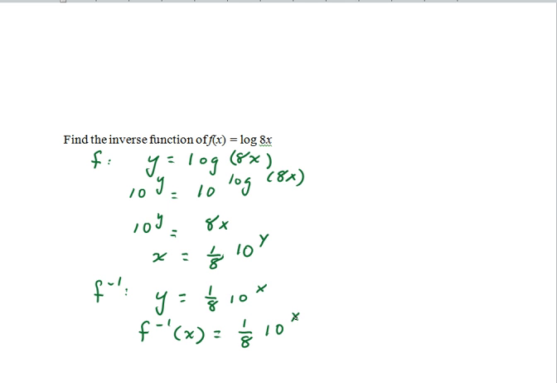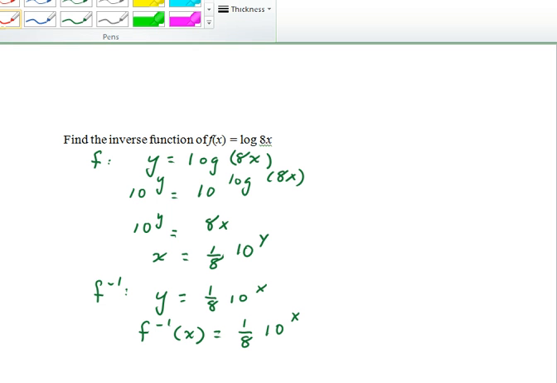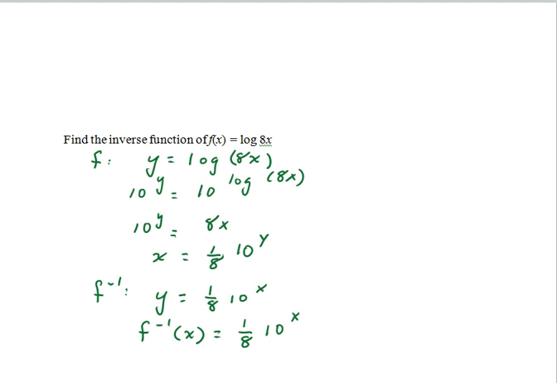Now, I'd just like to look at this example again and notice that for the function f, we start with x, we multiply it by 8 to get 8x, and then we take the common log.